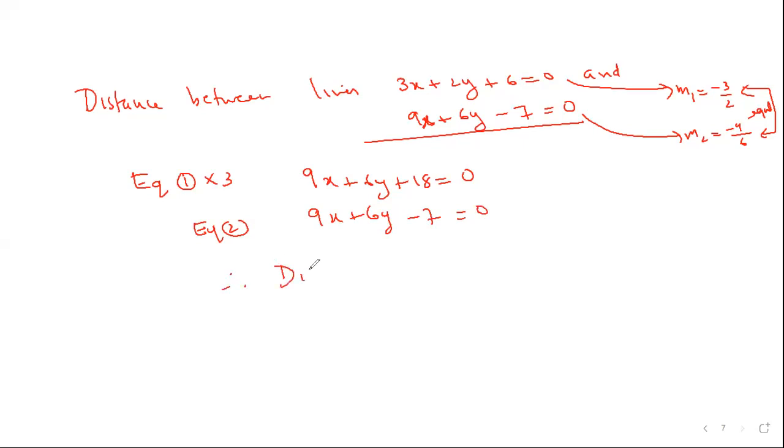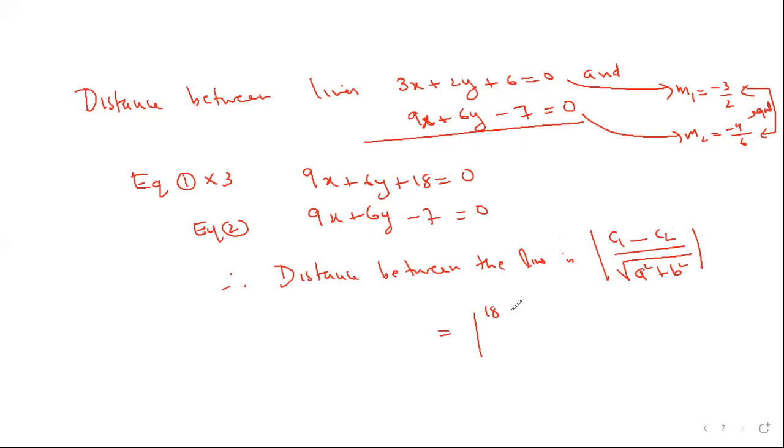Therefore, the distance between the lines is modulus of c1 minus c2 upon root of a square plus b square. That is 18 minus of minus 7, divided by root of 9 square plus 6 square.